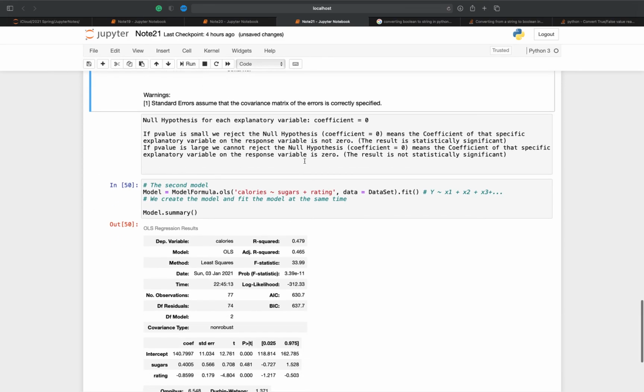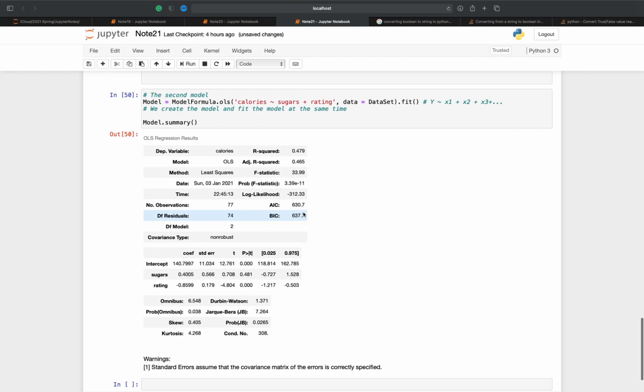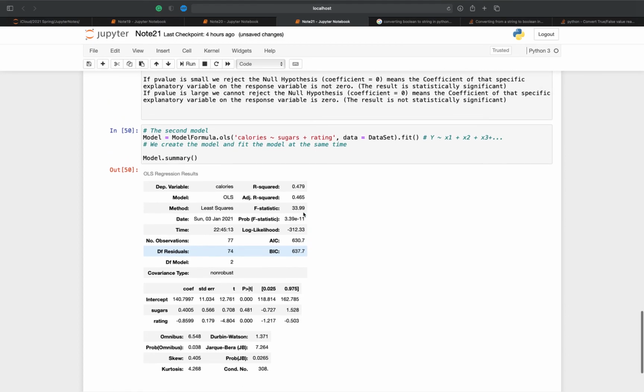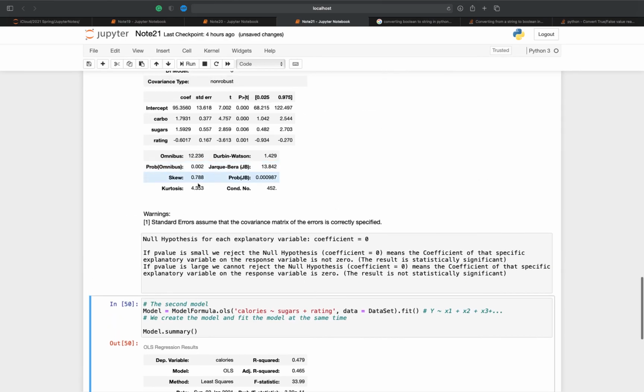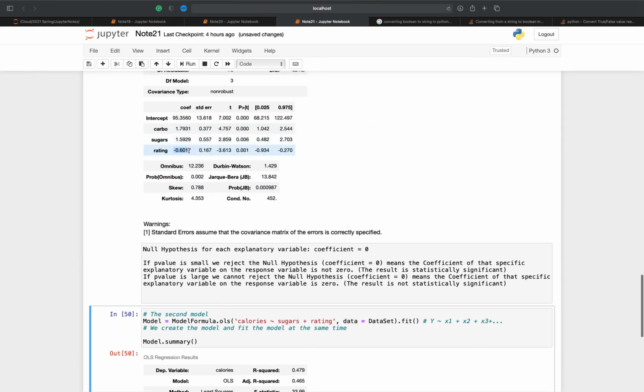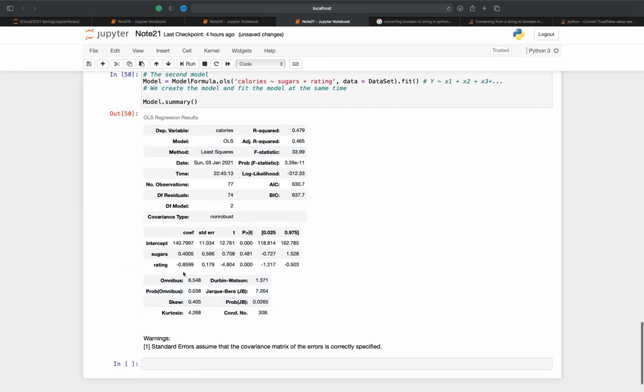So this is the kind of comparison you can have between models to see which model is more adequate. And look, on the other hand, what happens when I removed carb. The coefficient of rating on calorie increased compared to the previous one. This one was negative 0.60 and now negative 0.80.